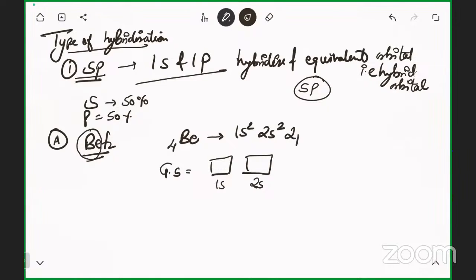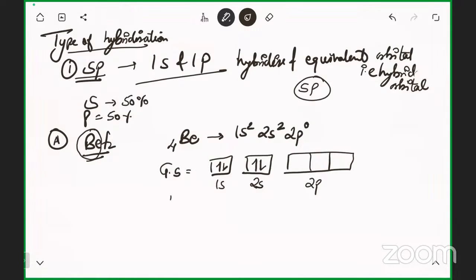I'm taking this one as 2p, but we don't have electrons in the 2p, so I'll show it as 0. In the p orbital, we know there are 3, that is px, py, and pz. In the 1s of Be, we have 2 electrons. In the 2s of Be, we have 2 electrons.